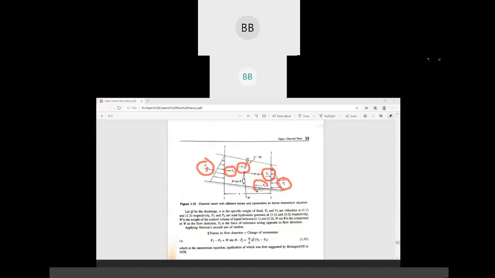If the water is flowing from upstream to downstream, then our friction force is always in the opposite direction. So it is going to resist the flow. This is the flow of water from upstream to downstream, and our friction is in opposite direction.